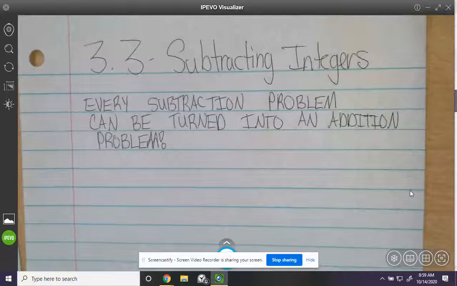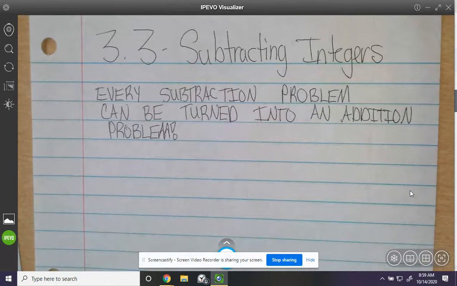Okay, every single subtraction problem can actually be turned into an addition problem. So that means once we know how to do that, we don't have to learn any new rules today because we have already learned the adding rules.